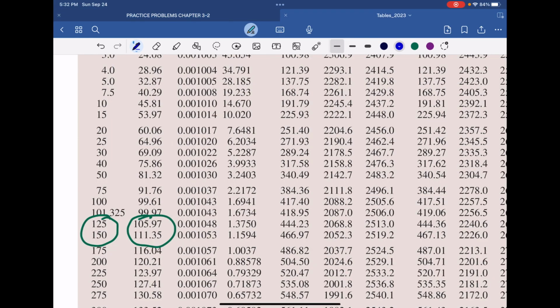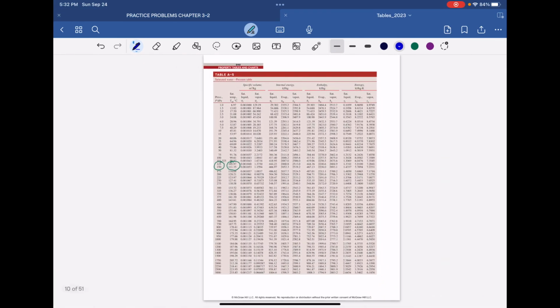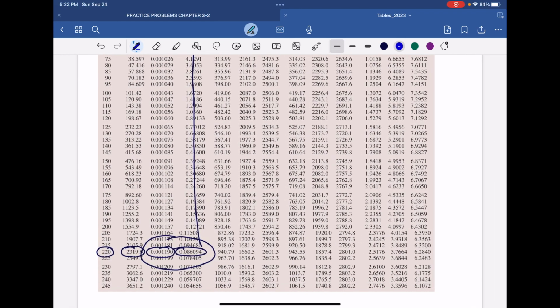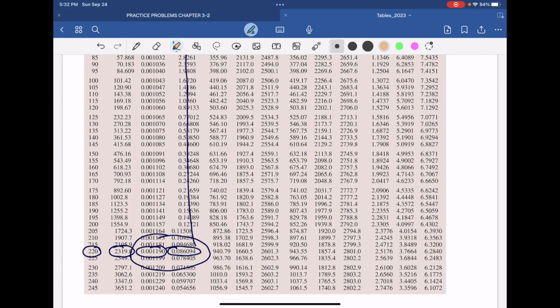So let's go to water tables and we are given it is at 200 degrees Celsius. This is VF and this is VG. So VF is 0.001157. Good.